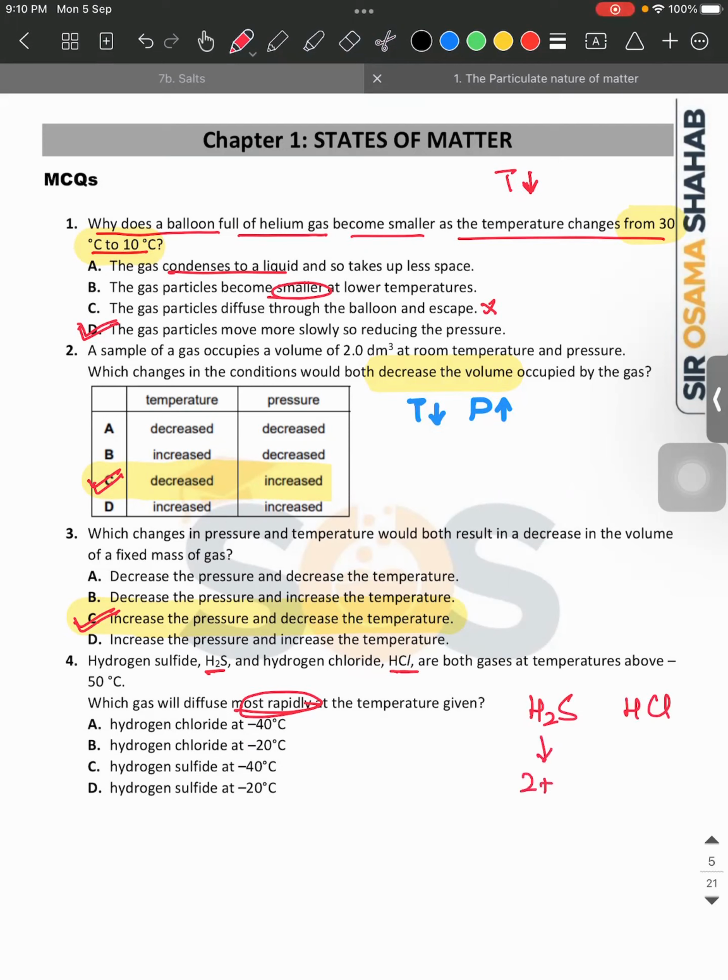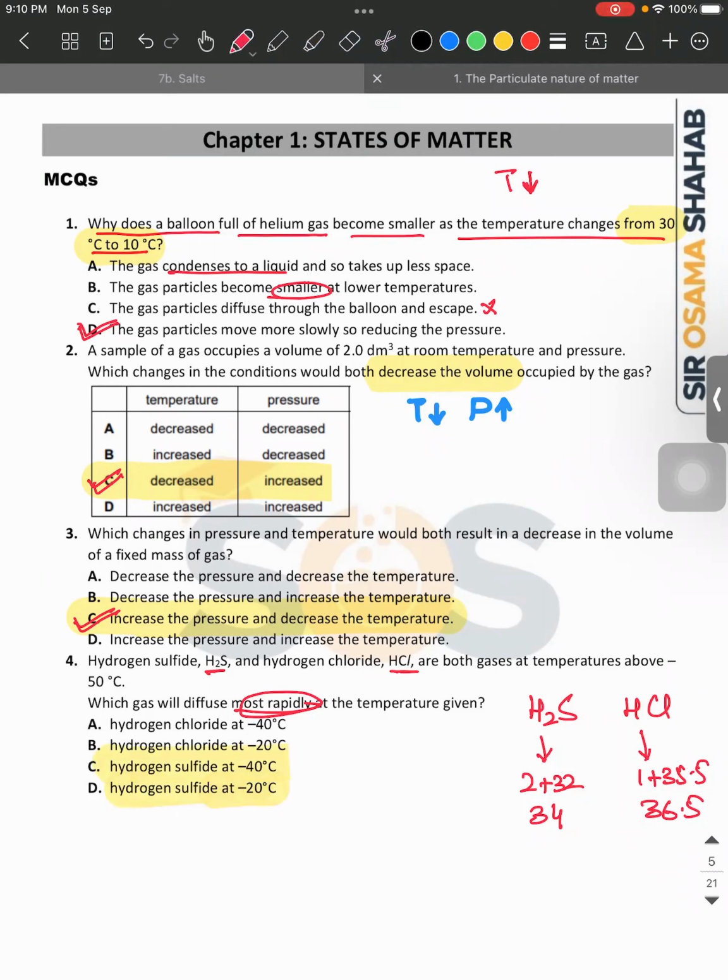It is 2 plus 32, which gives you 34. And HCl is 1 plus 35.5, which gives you 36.5. So which gas will diffuse faster? H2S. So maybe the right answer will be this or this. These two can be the right answer.